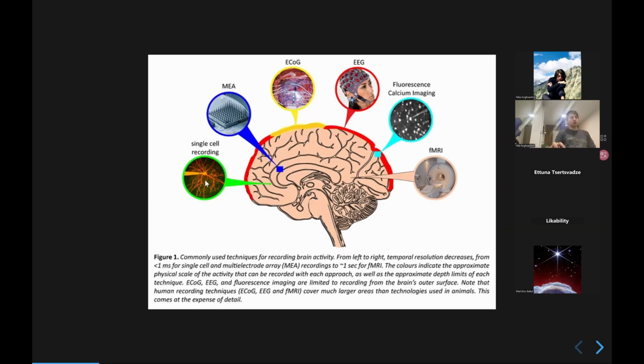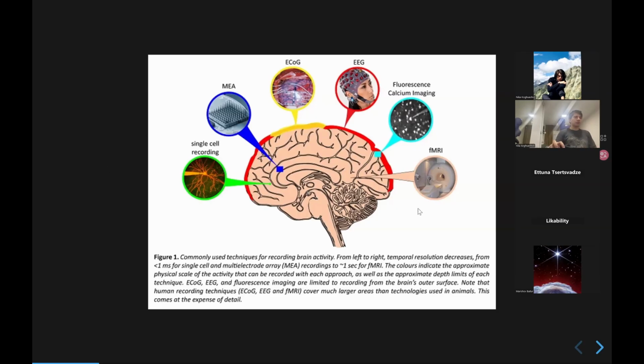So you might choose more invasive methods which only focus on one or two neurons if you need that level of accuracy, but then you don't get a big picture. Or you can instead get a big picture and in fact more safely, but then you don't get temporal accuracy, which means that you can't have quick signals. You can't detect a signal and react in a few milliseconds. It would be slower than that, but it's more comfortable.